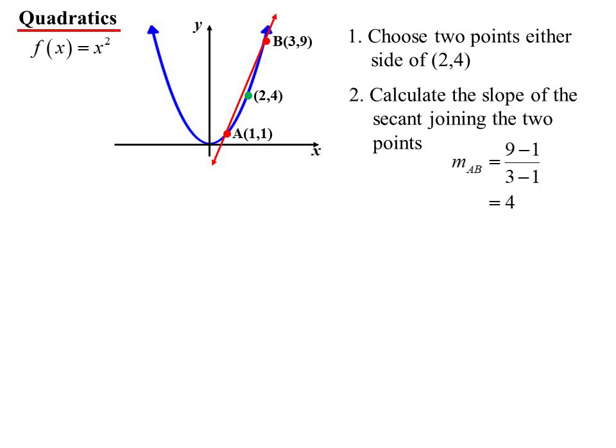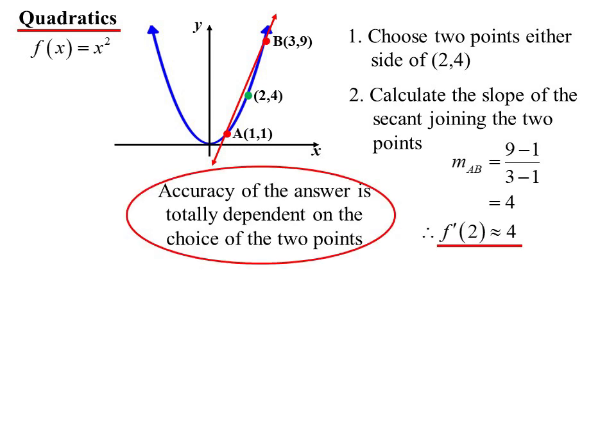Now the slope of AB, because of the way I picked it, will be 4. And actually that is correct. But of course the accuracy of my answer will totally depend on my choice of the 2 points. I could have picked another 2 points and got a terrible estimate. It just turned out that this one was right, and that's all to do with symmetry.